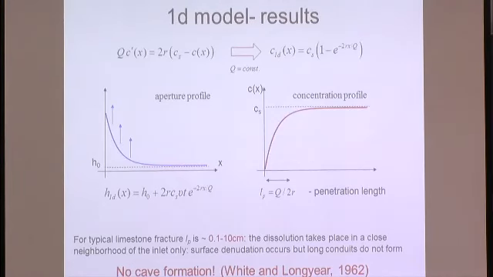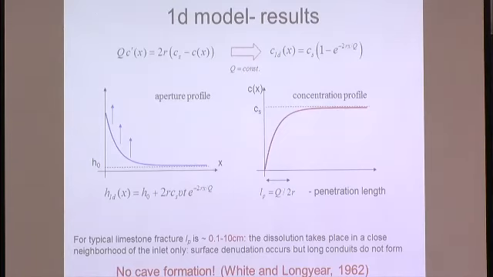And now when you calculate this penetration length for the typical limestone fractures, you get a surprising result that it is just a few centimeters, which means that with a model like this, you can only get essentially a skin effect, something dissolving at the depth of a few centimeters, but you would never get the dissolution along the whole length of the fracture.